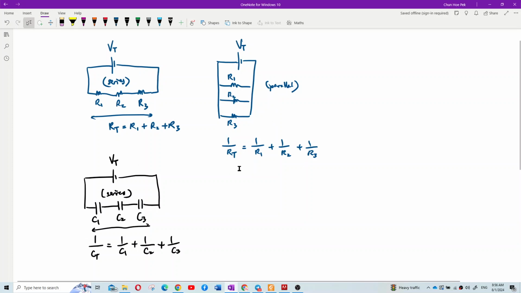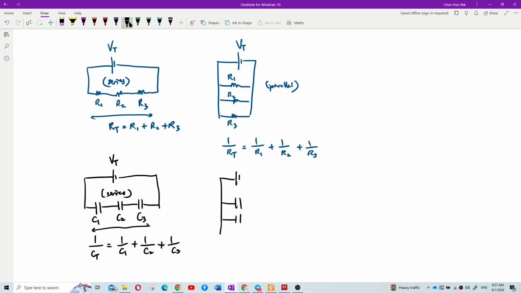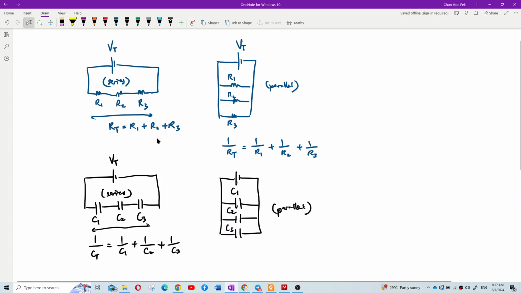What about capacitor in parallel, class? You can refer to the notes. What is the formula it uses? C1, C2, C3, it's parallel. This is the V total, the total voltage. Look at the notes.